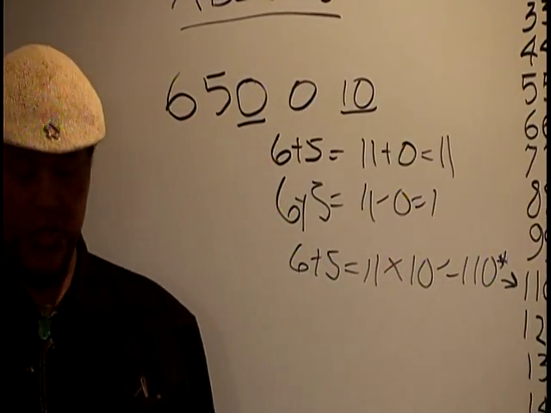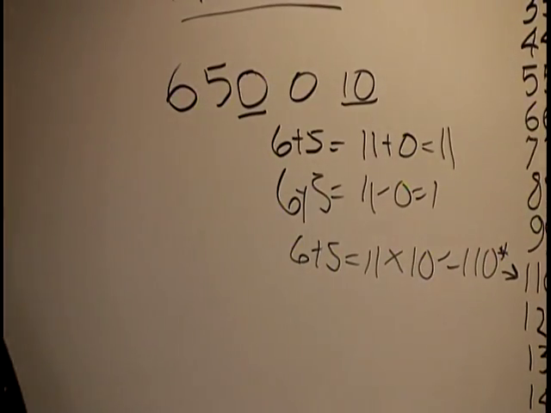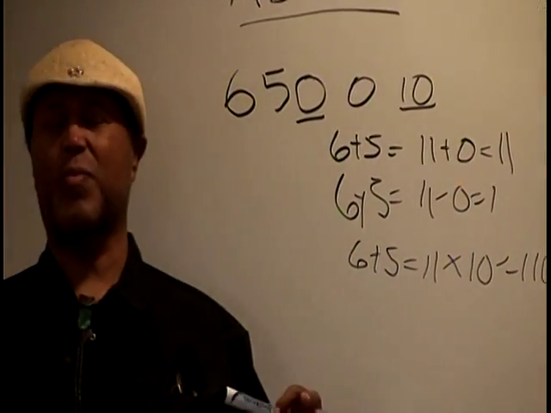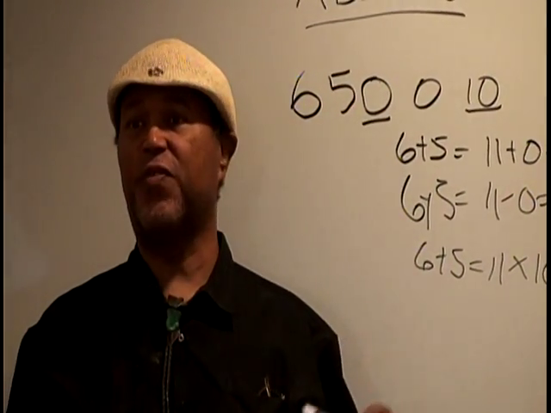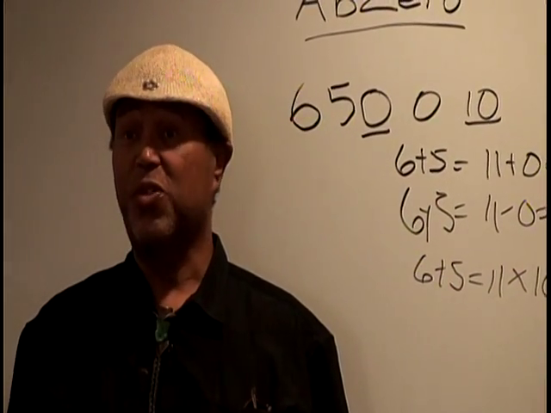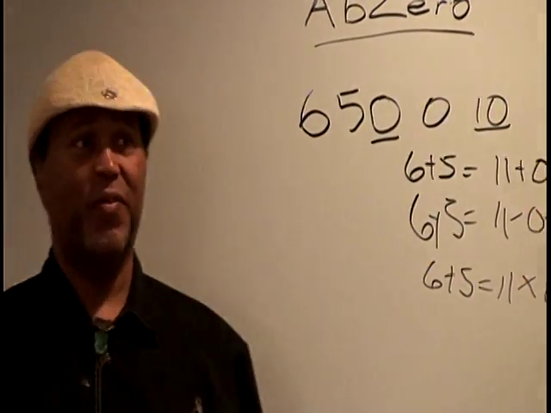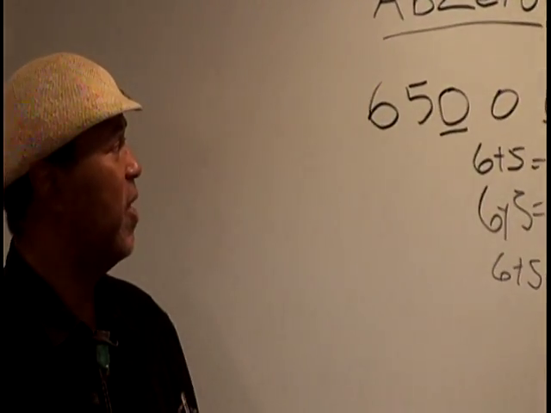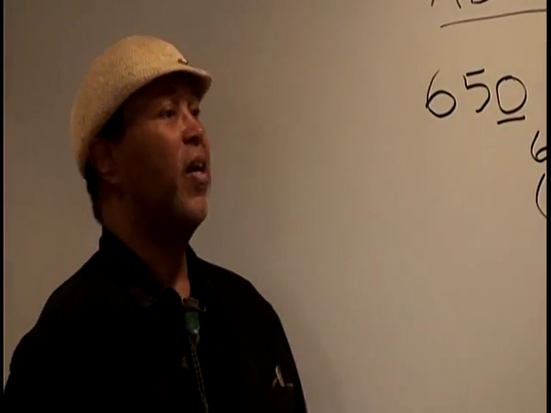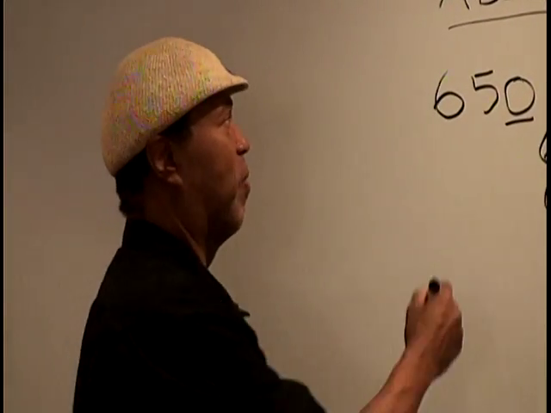AbZero can be used in so many ways. You can use the numbers up here using all sorts of math functions: multiplication, division, addition, subtraction, square roots, exponents, even factorials. And we've looked at some of those throughout the past few weeks that we've been doing this class. You can also combine numbers.